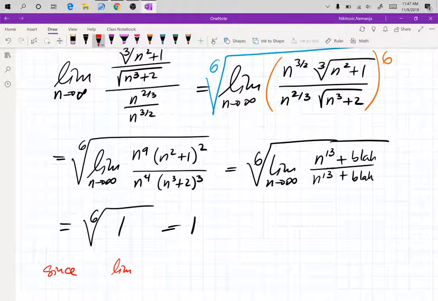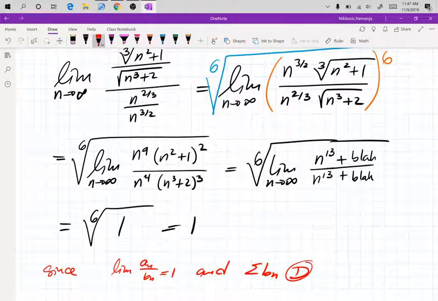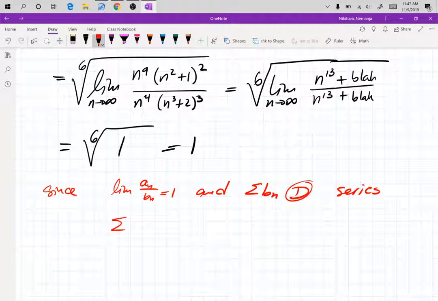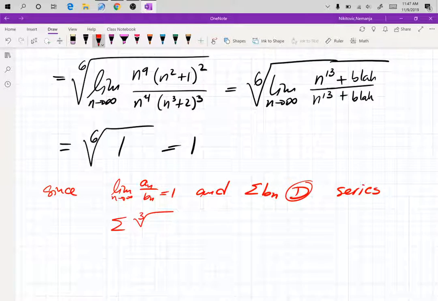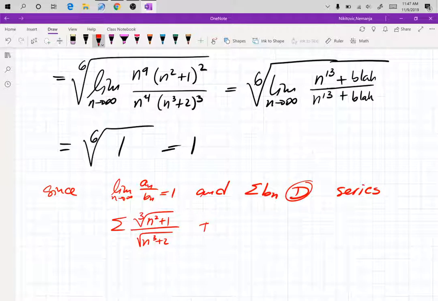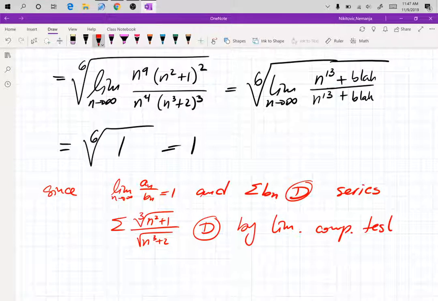Since the limit of an over bn equals 1 and the summation of bn diverges, the series, the summation as n goes to infinity of the cube root of n squared plus 1 divided by the square root of n cubed plus 2, diverges by the limit comparison test.